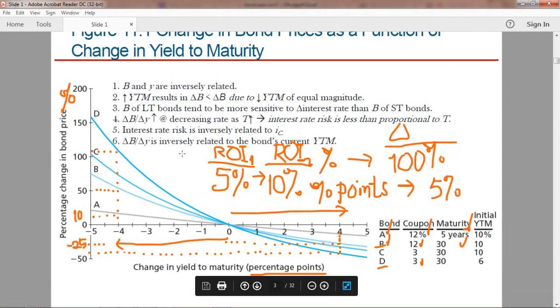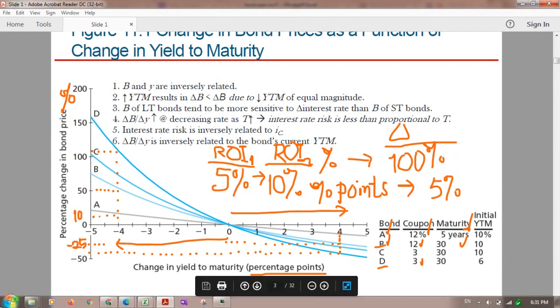And that's why we are interested in the sensitivity or elasticity of the curve. And the elasticity of the curve is the duration.